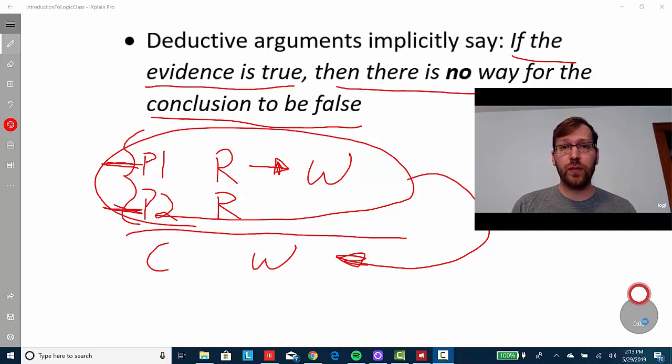In this particular argument, suppose I'm really against the conclusion that the grass is wet for some strange reason, but I'm given this argument. Then I'm going to have to say that premise 1 or premise 2 is false, that at least one of those is false. But if I do accept premise 1 and premise 2, then even though I don't like the conclusion, I'm going to be forced to accept it anyway.